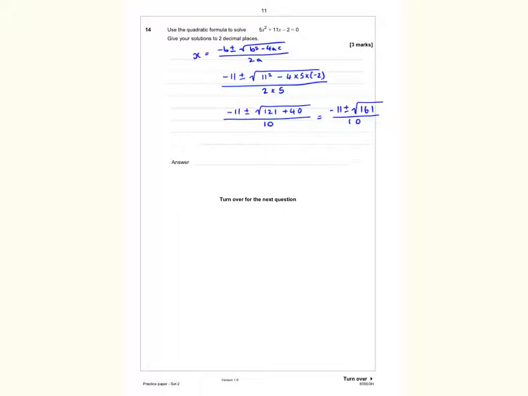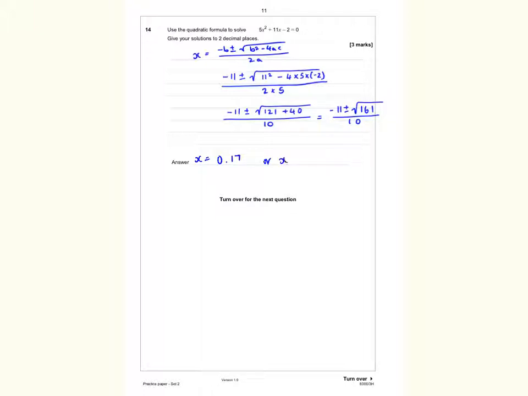Now I'm going to input it twice into my calculator, once with the add, once with the take away. So negative 11 add square root of 161, and that divided by 10 gives me one of the values: x equals 0.17 to 2 decimal places.